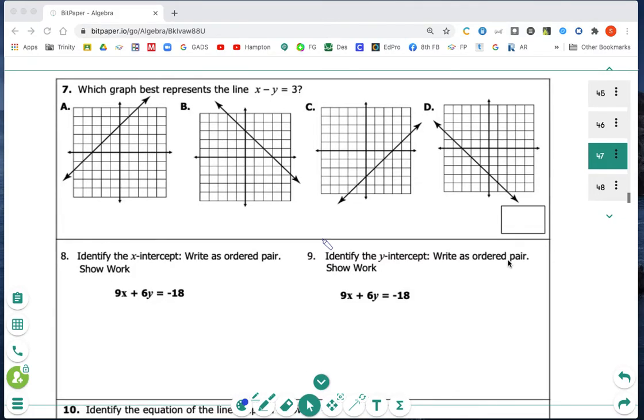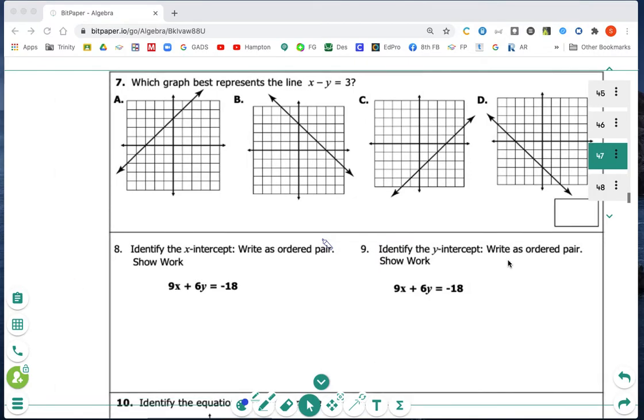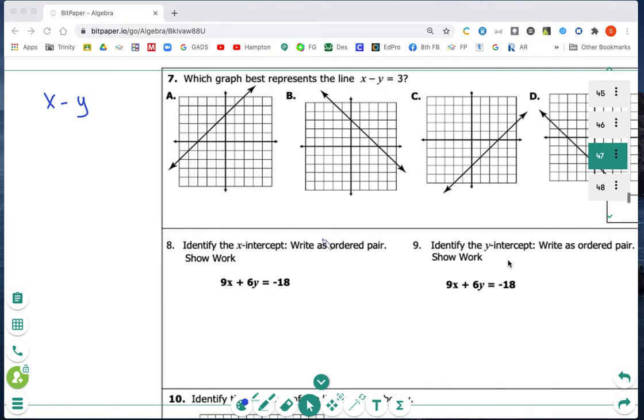All right. Which graph represents x minus y equals 3? In order to figure this out, I'm going to need to solve for y. So we're going to take x minus y equals 3.